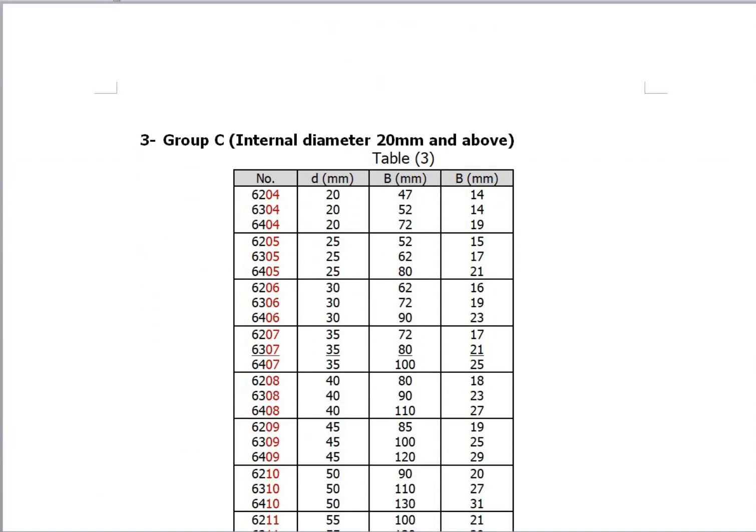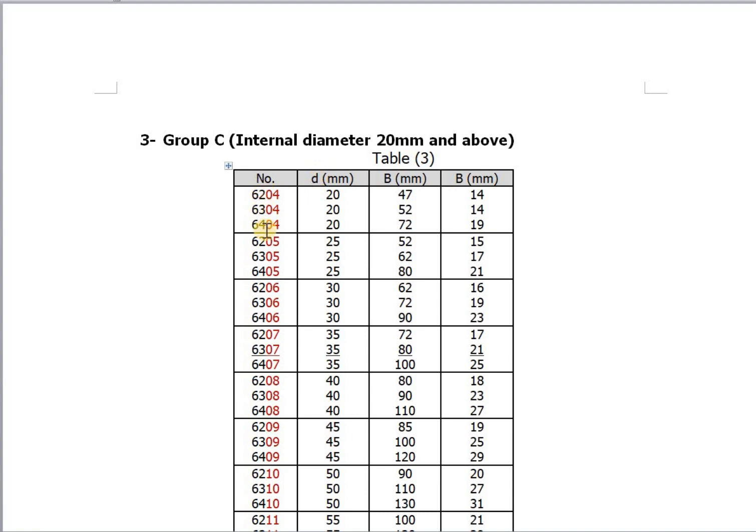Third group, also the same. We have 4 digits. The first digit from the left is constant for the bearing type, the second for the load series, and the 2 remaining digits, for example 04, for the internal diameter.